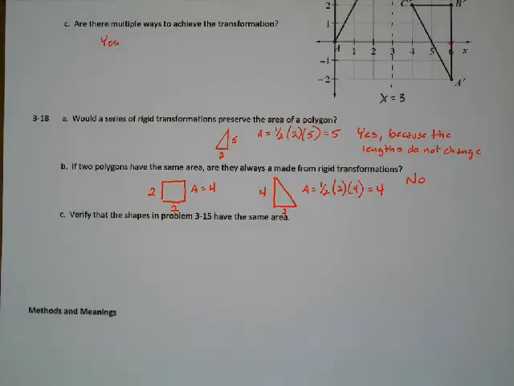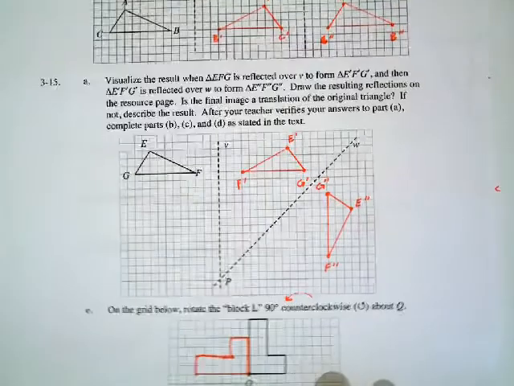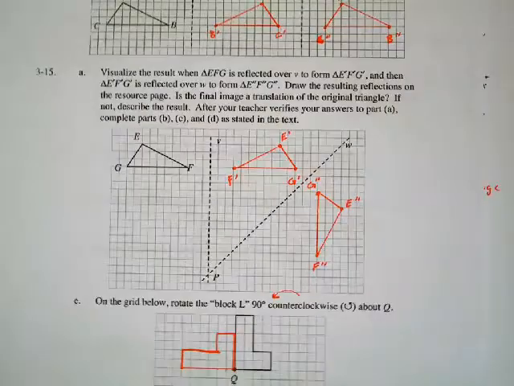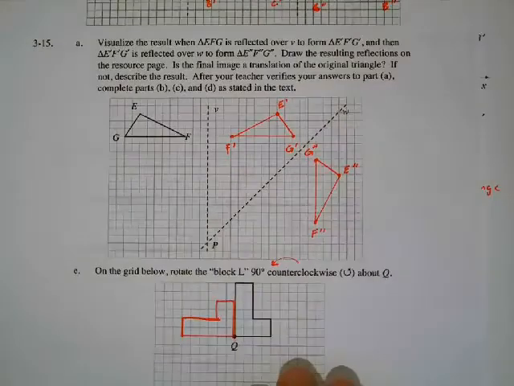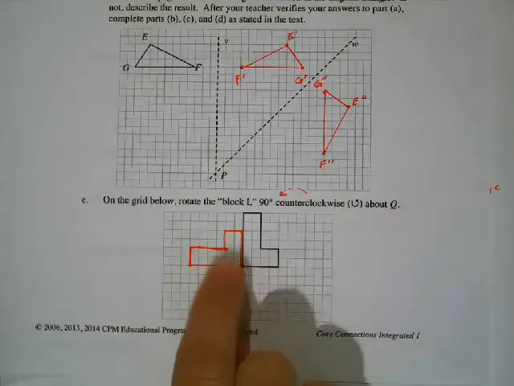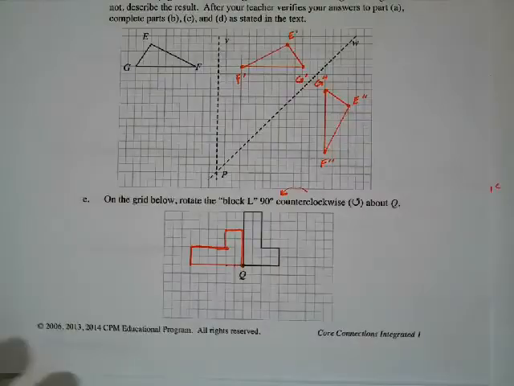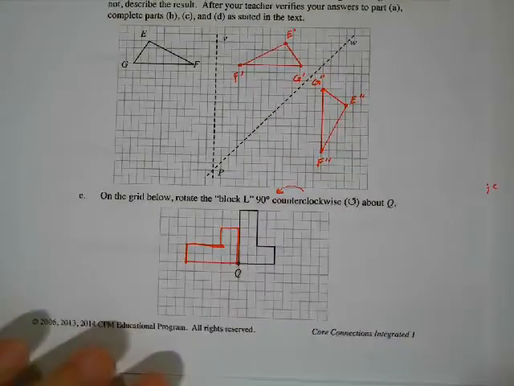Okay, and then the last part is just to verify the shapes in 3-15. 3-15 was way over here. So verify that what we're saying is true, that we do have the same area. Let's just do 3-15E right here. Let's look at the area for both of those. Let's find the area of the original one.